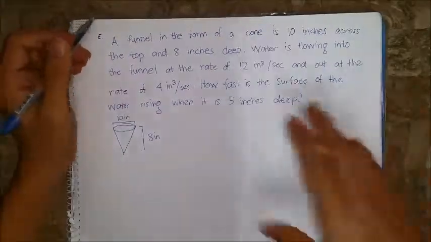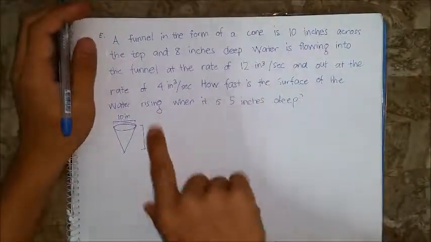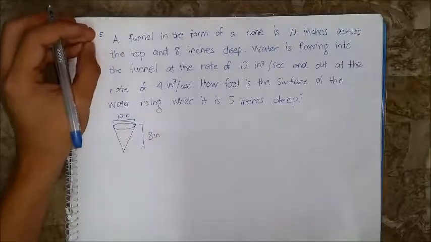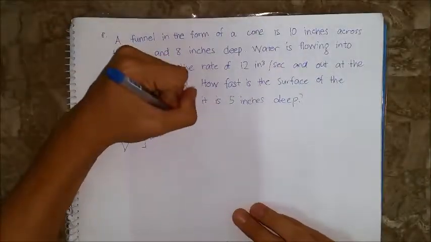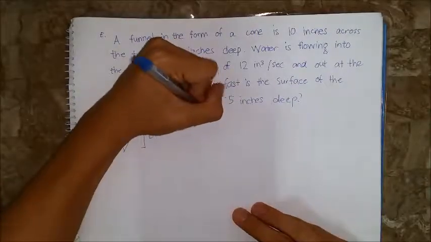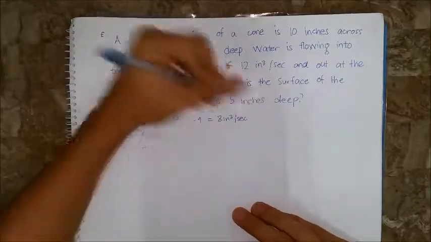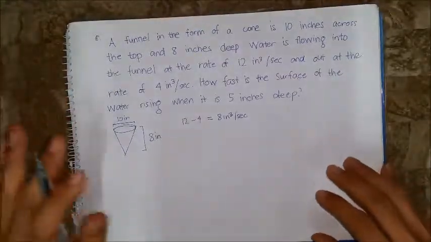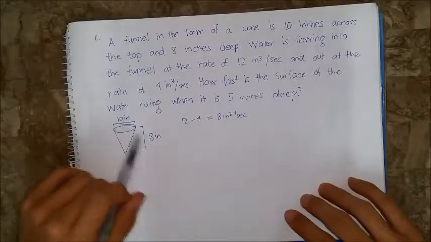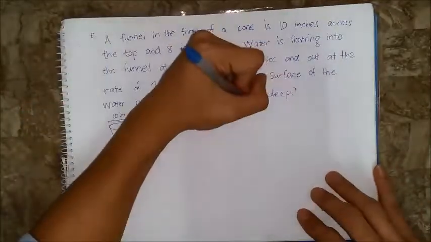Now, water is flowing into the funnel at the rate of 12 inches cubed per second, and out at the rate of 4 inches cubed per second. What we can do first is subtract that. 12 minus 4, simple subtraction, you get 8 inches cubed per second. Now, we're going to get the relationship of the height to the radius.